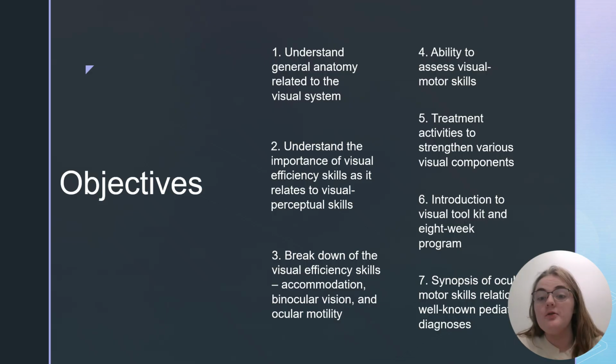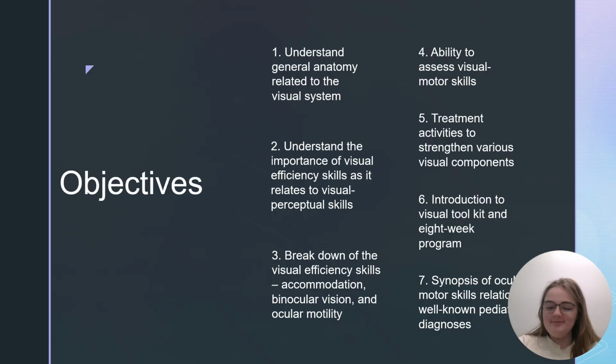So there's going to be a lot of relation between the program and the project here. The presentation will give you a lot of information that you'll need to know for the binder. And then there's also this fun visual toolkit that I have right in front of me. The basket has the toys in it. That's the even more fun part.